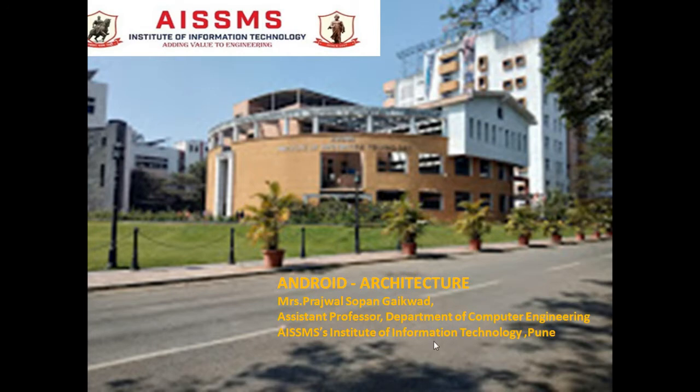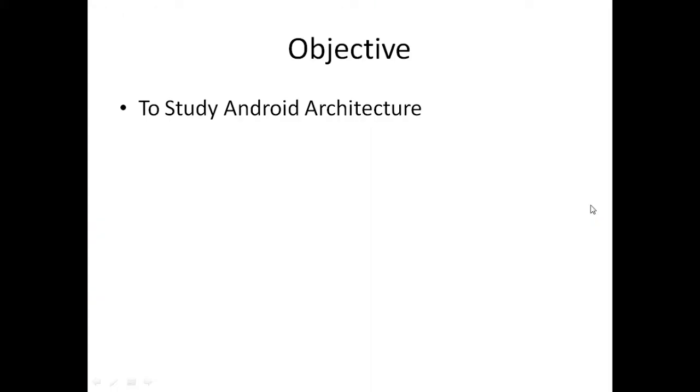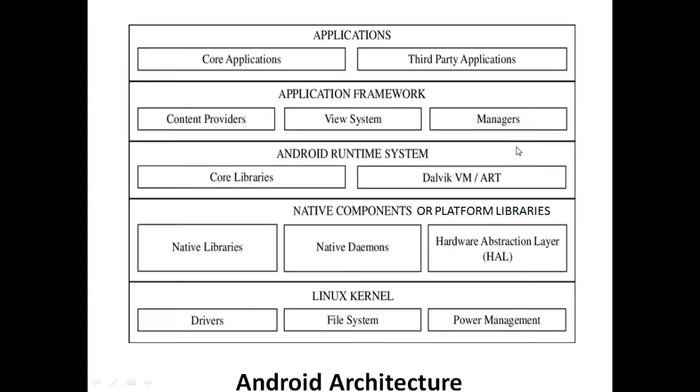My objective of presenting this topic is to study Android architecture. When we go through the Android architecture, if you look at the diagram, it shows all the layers. As we can see, it is a layered architecture.